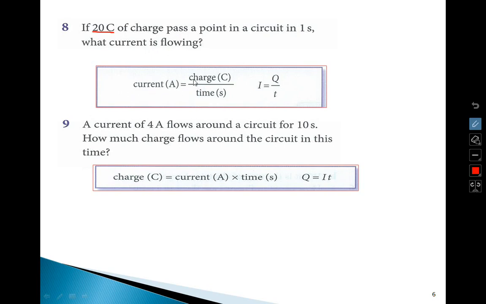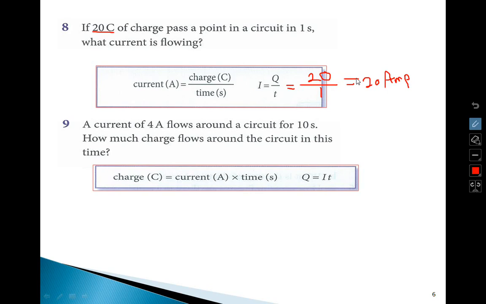So I is equal to Q over T, which is 20 over 1 second. So current is 20 ampere, which we can write as A or AMP. Just keep this formula in mind.